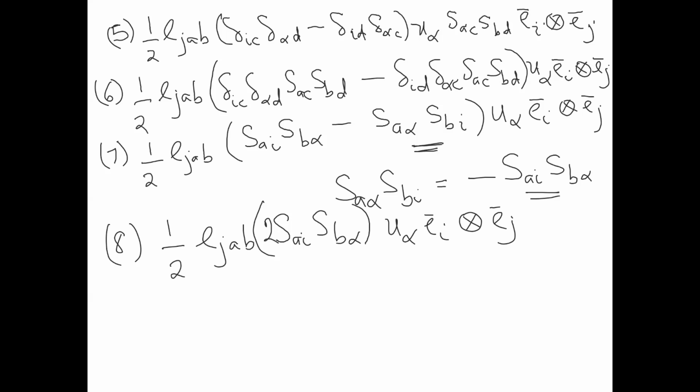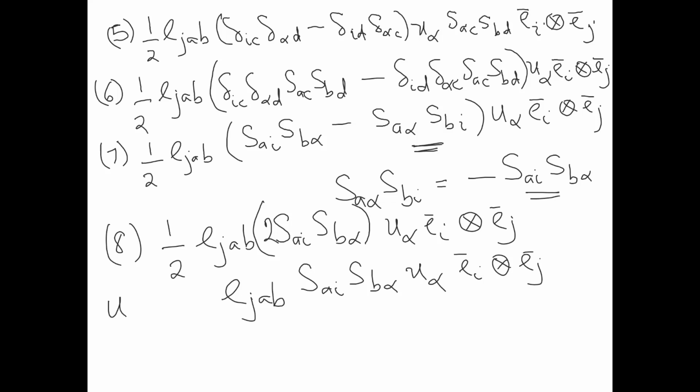And remember, we have a half there. So this gives us SAI SB alpha U alpha EI EJ. Everything that we have done is to write U cross SC transpose in component form.